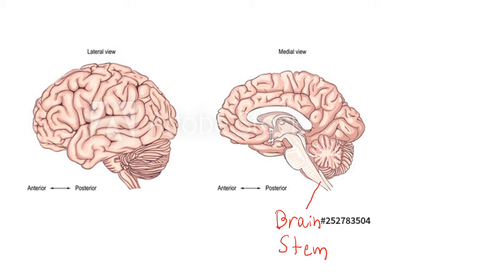It's a pretty important part, and near the brainstem, around this area, you have the pituitary gland, which many of you might have heard of. It's a famous area. The pituitary gland is located right here.